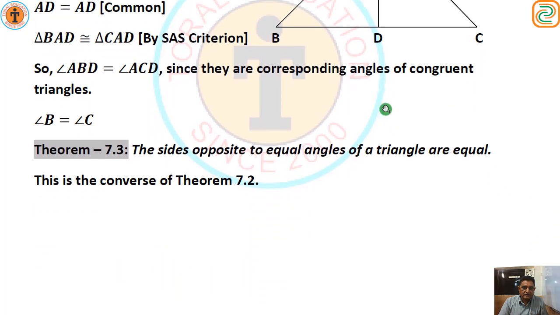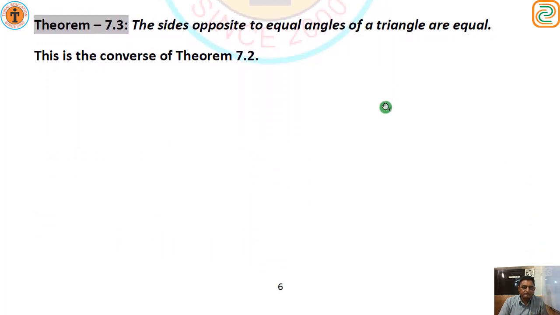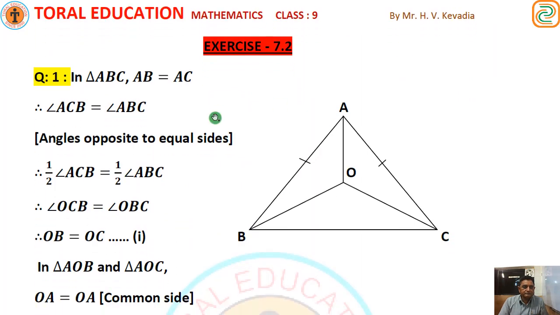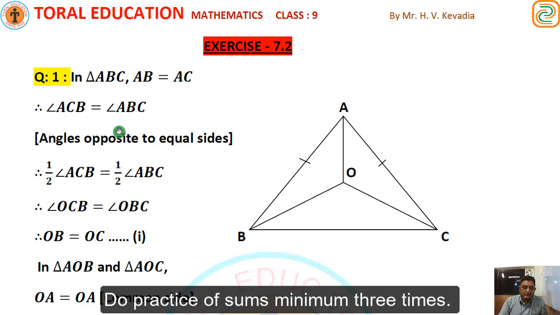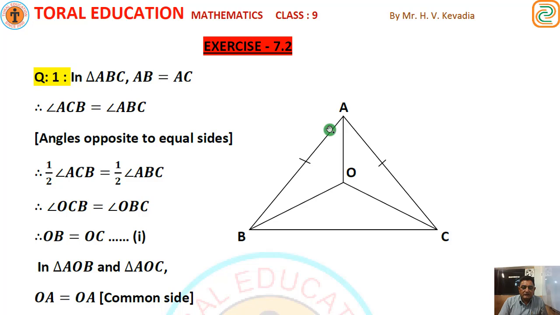So friends, in exercise 7.2, ABC is an isosceles triangle in which AB equals AC. The bisector of angle B and the bisector of angle C intersect each other at O in the interior of triangle ABC, right?